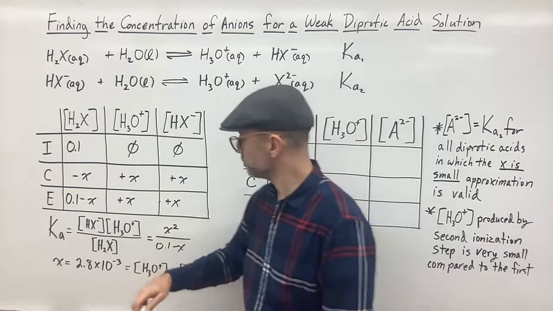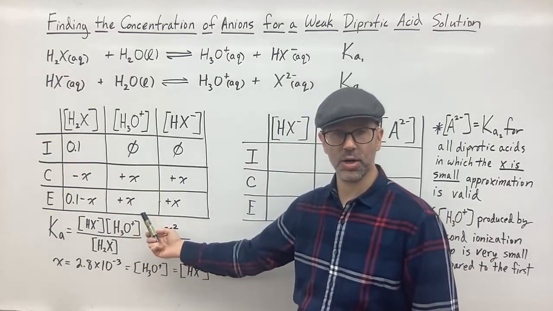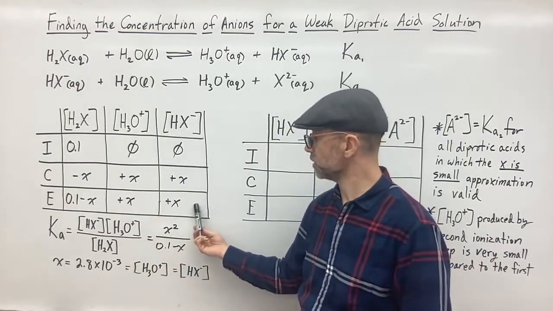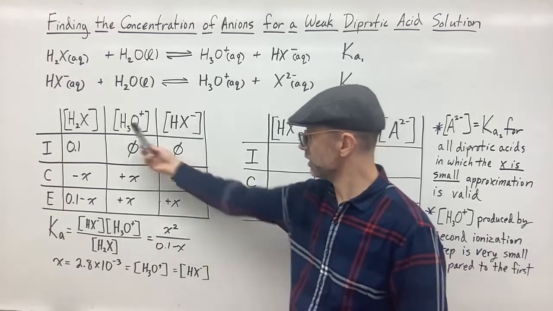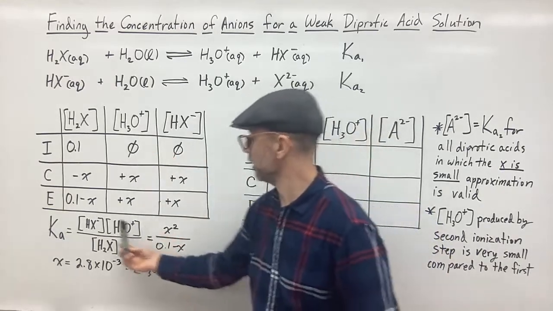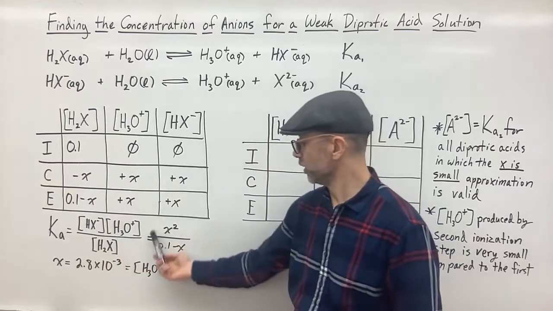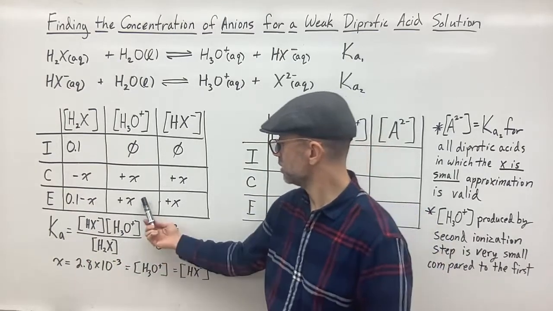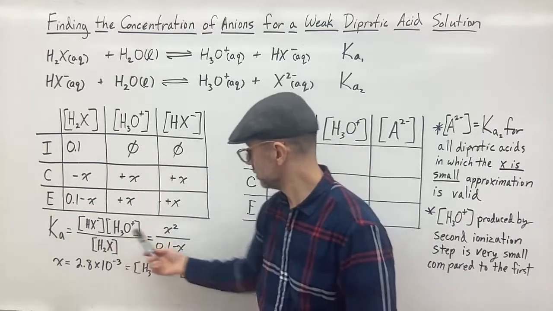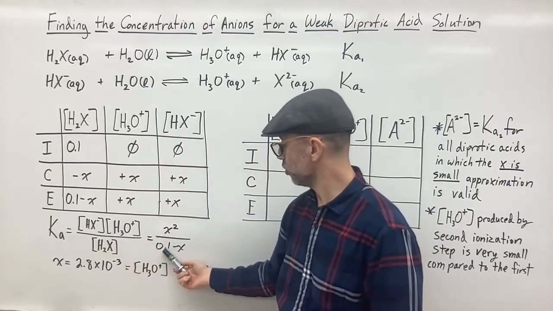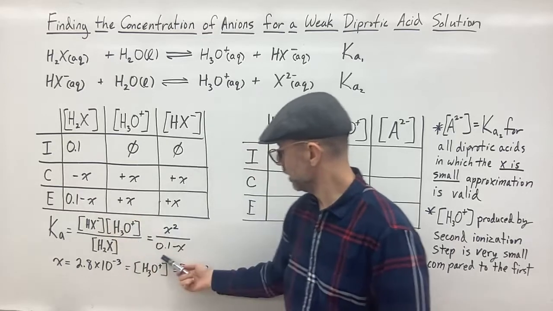And now that we have our equilibrium expressions for the concentrations of these species, we can plug them into our Ka expression here. And of course, we'll get x squared, since both of these are equal to x, over 0.1 minus x.